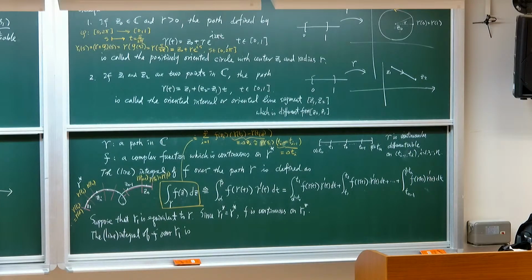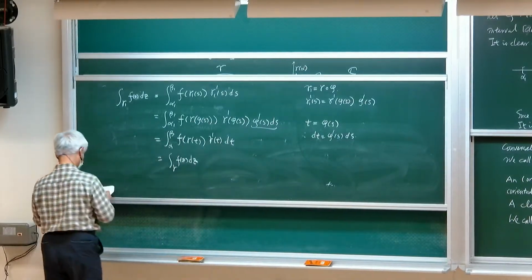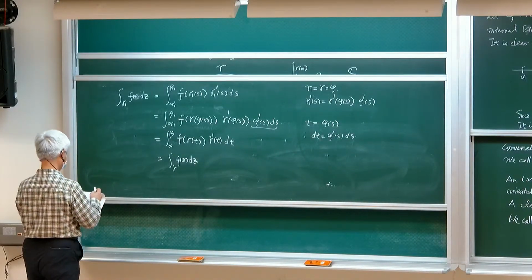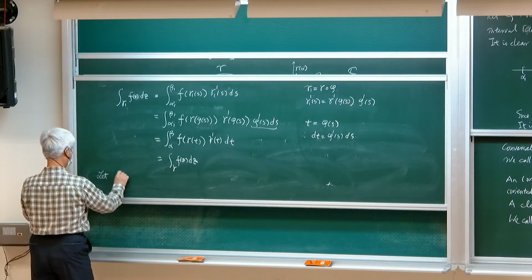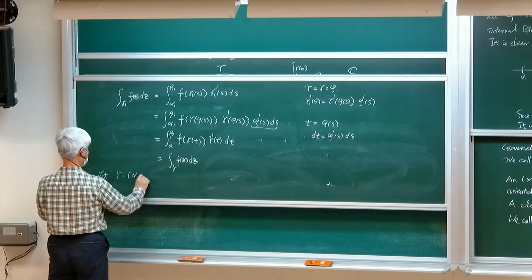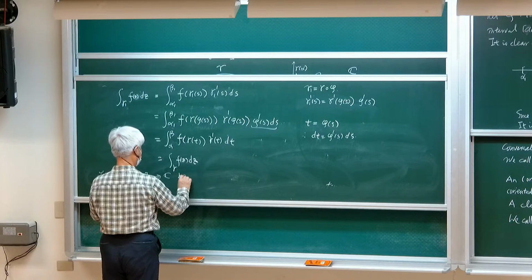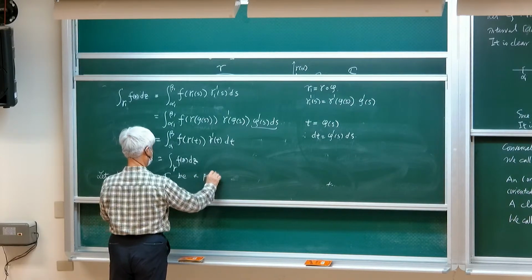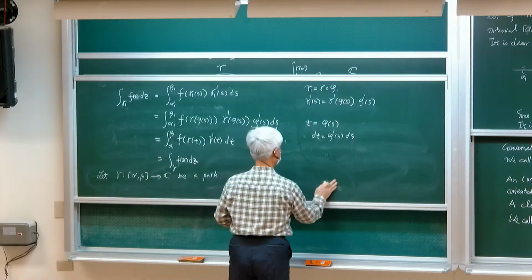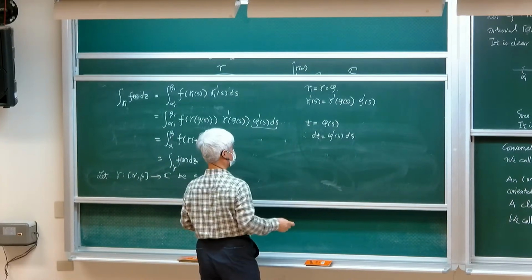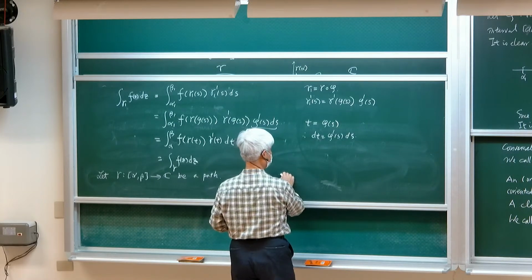Okay, so now we go back to our discussion here. If we let gamma be a path, this is an oriented curve.